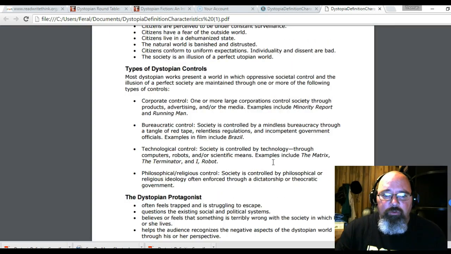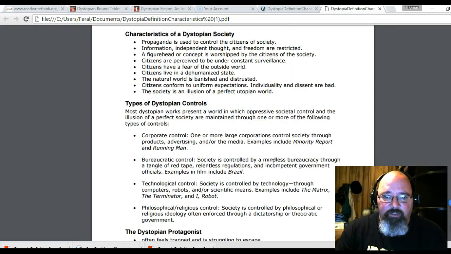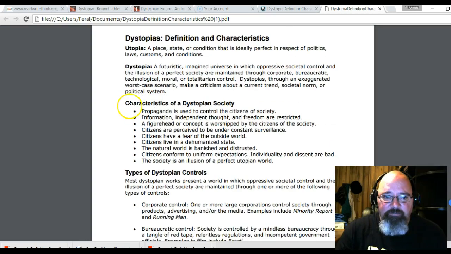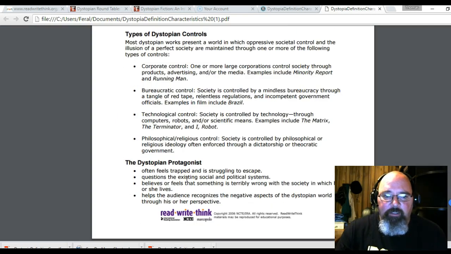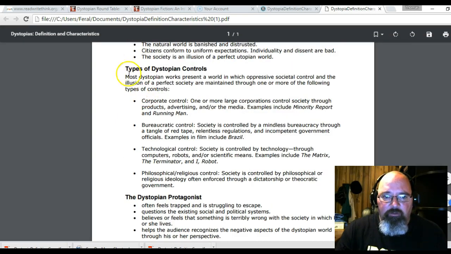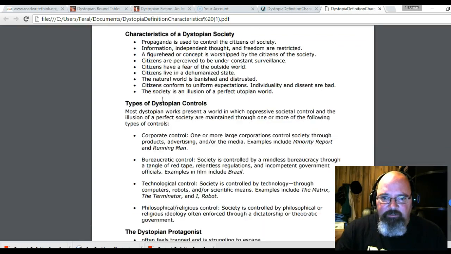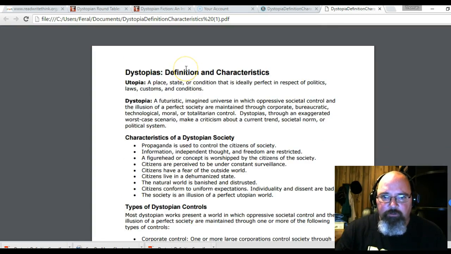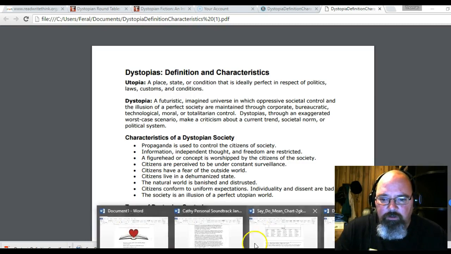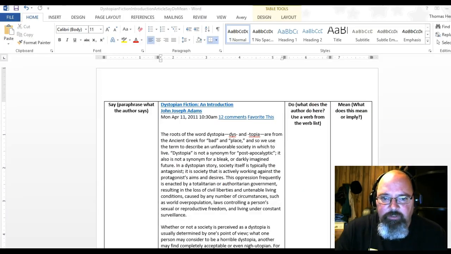I'm going to let you read the rest of this for yourself. Okay, I've taken you point by point through the dystopian society, but I want you to read the rest of this, and we're going to come back to it later. Okay, and then once you're done doing that, I'm going to want you to pull up the say, do, mean for the article that I'd shown you at the beginning, and it's going to look just like this.